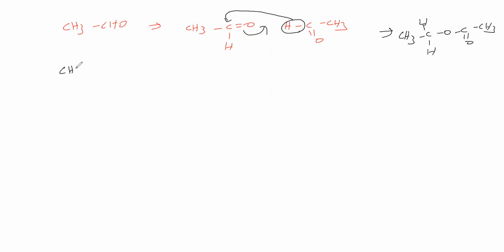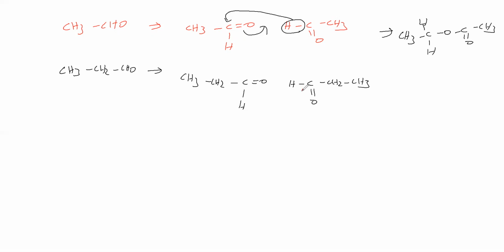Next reaction: CH3, CH2, CHO. In the Tishchenko reaction we take aluminum ethoxide as a catalyst. So what is the product? We'll see this CH3, CH2, C double bond O, H. Another we take HC double bond O, CH2, CH3.